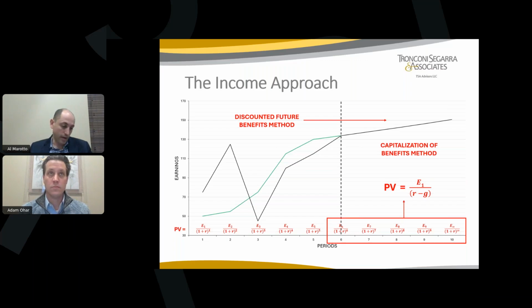And if you are bored one day and you want to open up a spreadsheet, you can actually put in these formulas and you can see that if you were to grow E1, E2, E3, E4 at a steady growth rate and divide it by 1 plus r, a steady discount rate, you would get the same result as if you just use the formula earnings over discount rate minus growth rate, which is called the Gordon growth model.